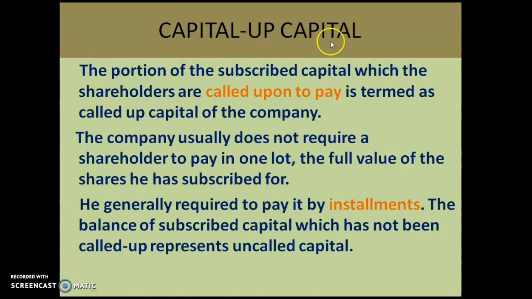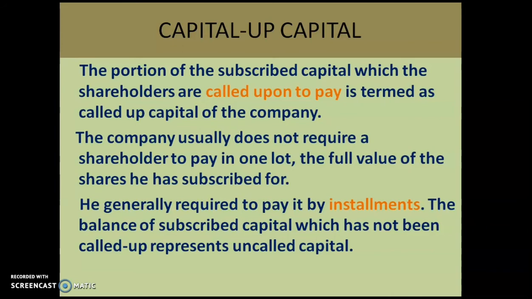Next is called up capital. The portion of subscribed capital which the shareholders are called upon to pay is termed as called up capital of the company. Children, the company has a choice. They can collect the capital money from the shareholders as a lump sum in one single installment itself, or they can collect the capital in many installments.